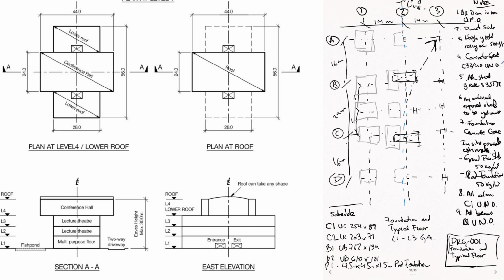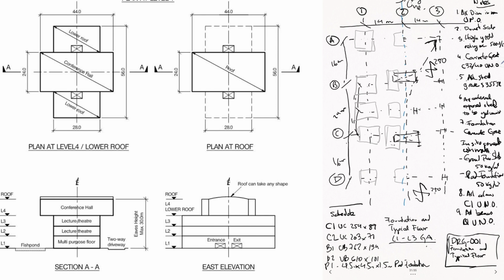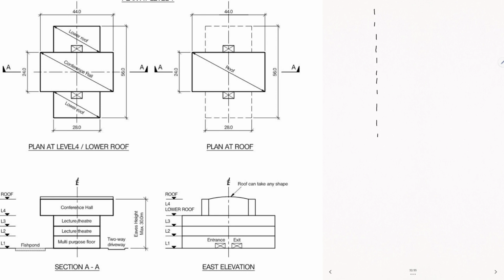The slab is a composite metal deck floor slab, except for the ground floor. At the ground floor there's a ground bearing slab, and that's when I decided, alright, I need to include an additional drawing because I need to include the ground floor and the foundation, and then another one for the intermediate levels.